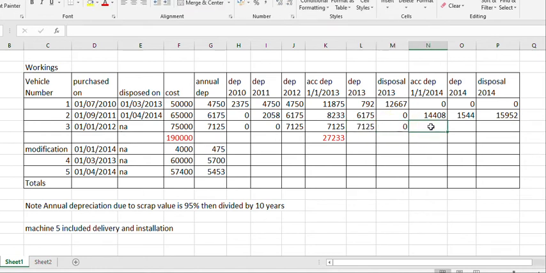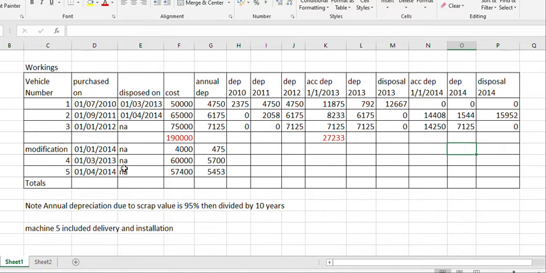So the accumulated depreciation for 2014 would be accumulated depreciation for 2013 plus depreciation of 2013, which equals 7125 plus 7125. In 2014, we still own the machine, so we'd have a full year's depreciation, 7125. And there is no disposal in 2014. So that's all we need to know for that machine. And we don't need any of these totals.